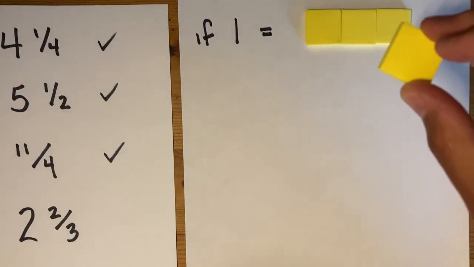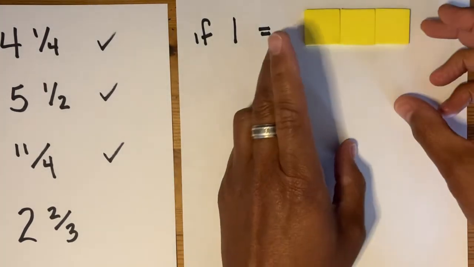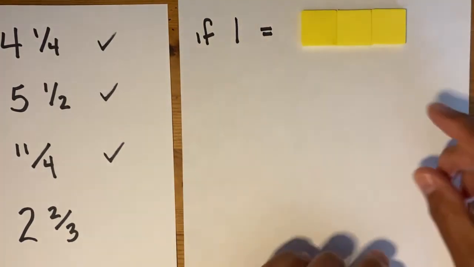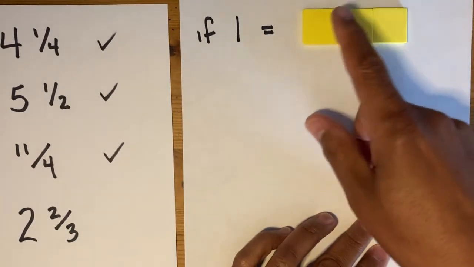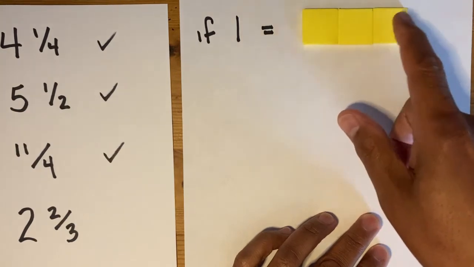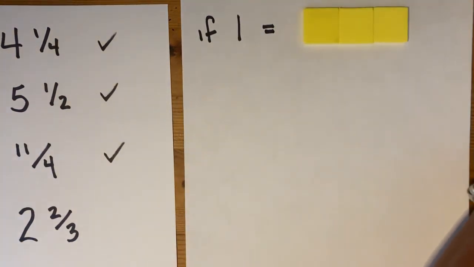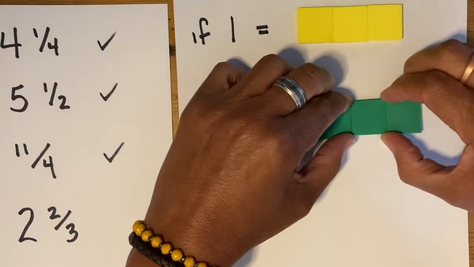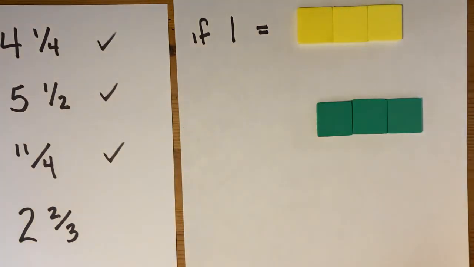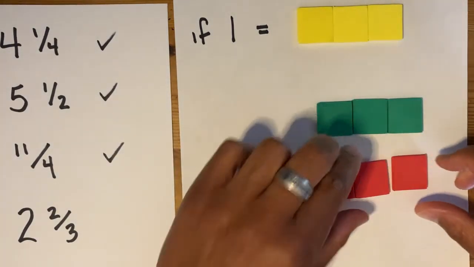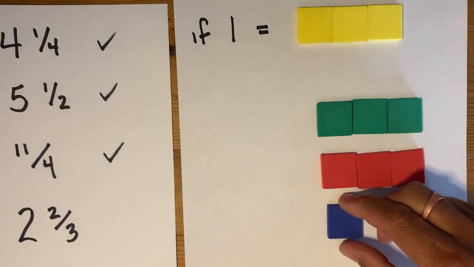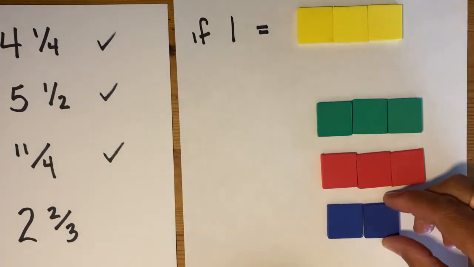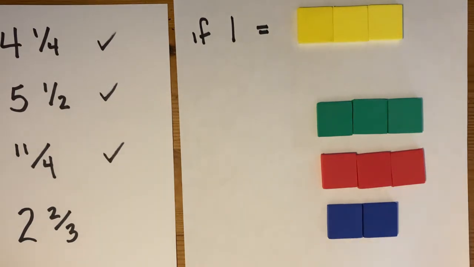So I took away 1 tile, and now I'm saying that my 1 is represented by 3 tiles. So if this is my whole and each one of these is a 1/3, then here's 1, 2, 2 1/3, 2 2/3. That's how I did it.